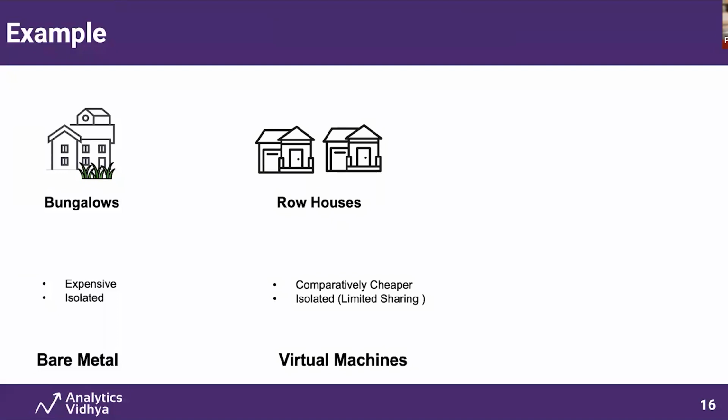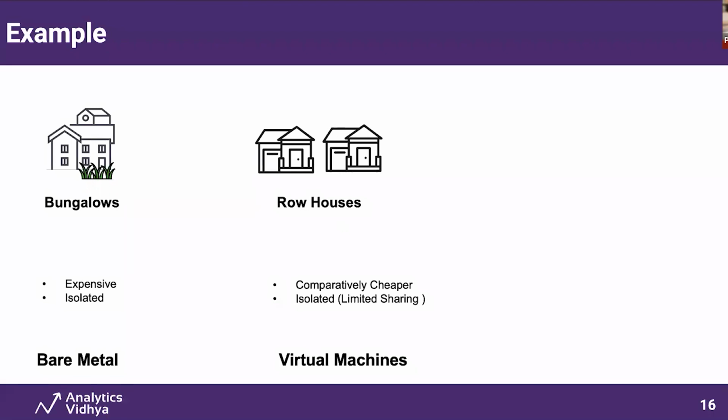Coming to row houses, right? Row houses are commonly in a gated community. So although there are isolated, individual houses, there are a few common shared resources as well. For example, you share the park, the clubhouse, the security, right?